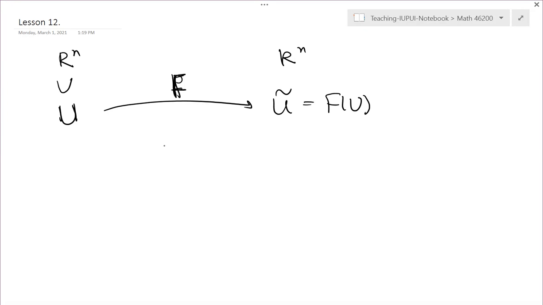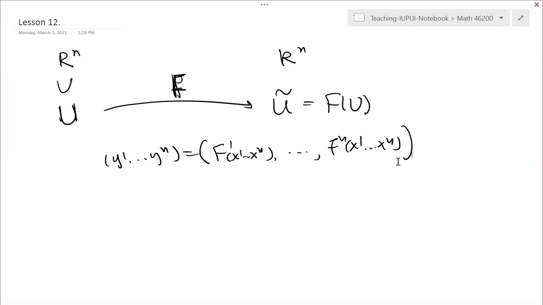Now, in the local coordinates, this can be written as y1, ..., yn equals f1(x1, ..., xn), and so on, so you have n components. So you have n functions inside.